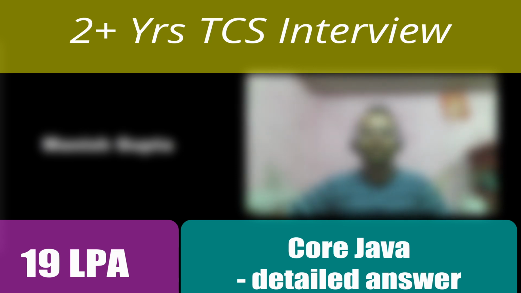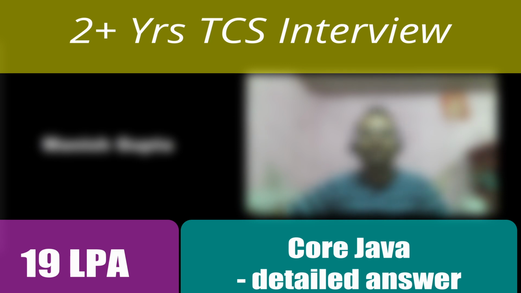So what is the static keyword in Java? In Java, the static keyword is used to declare a member that belongs to the class itself rather than to an instance of the class. It can be used with static fields, static methods, and static blocks.